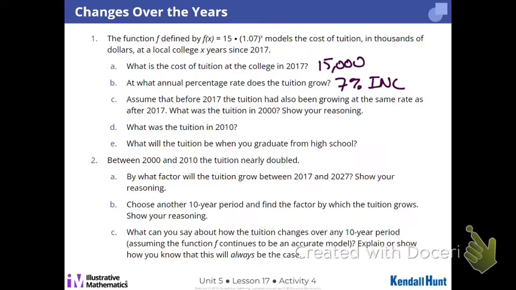Who can help me write an expression to figure out what the tuition would have been in 2000? What's the expression that I would use? You want to give it a shot, Vinny? Well, would it just be, so this one's 2017. It's asking about 2000.